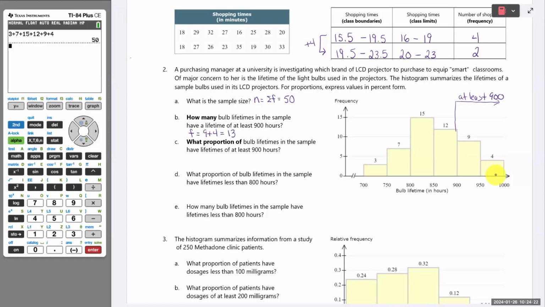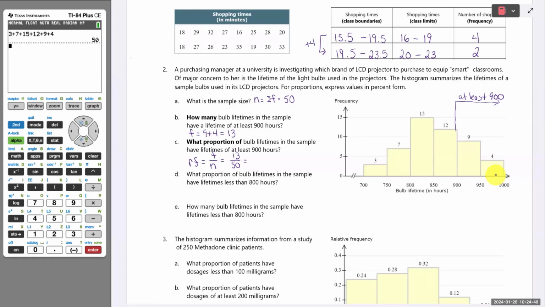All right, versus relative frequency. A proportion represents a relative frequency. And for that, we take the frequency, the count, and we say out of how many. So in other words, we divide by our sample size. I don't want to just know it's 13 bulbs. I want to know 13 out of how many. So that's our proportion, or our relative frequency.